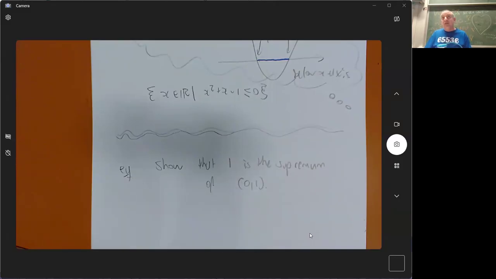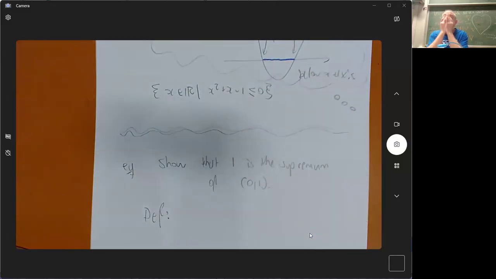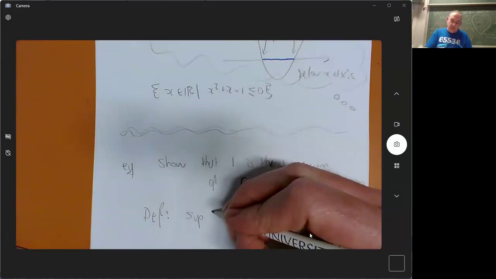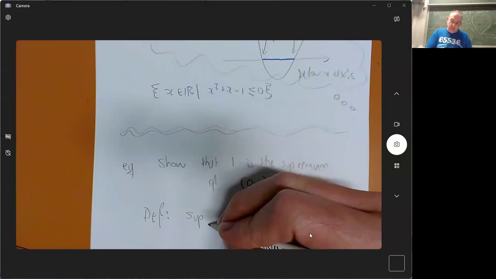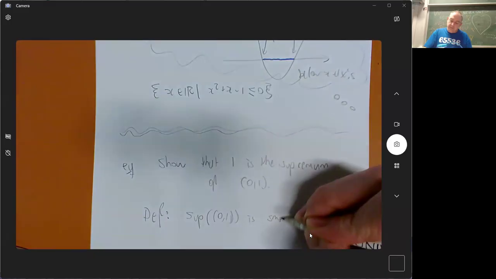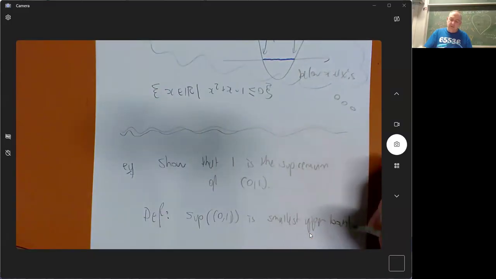But the definition is that it is the... Let's see if we can remember the definition. It is the lowest upper bound, right? So out of all of the upper bounds that it might have, it is the smallest one. So the supremum of [0, 1] is the smallest upper bound.